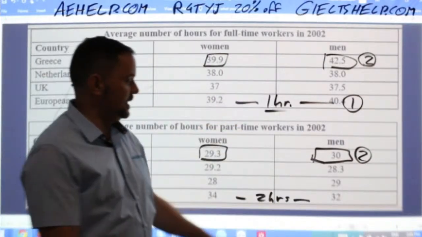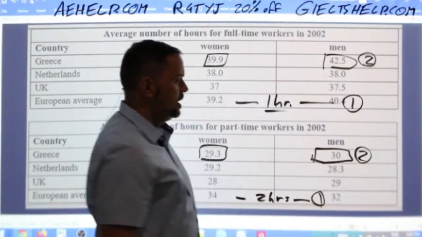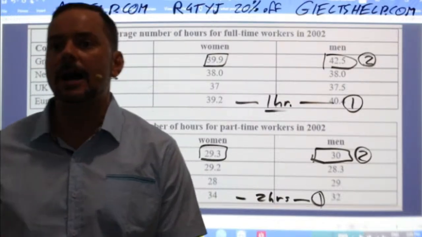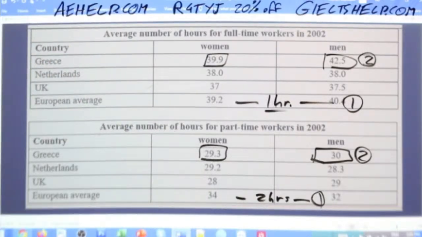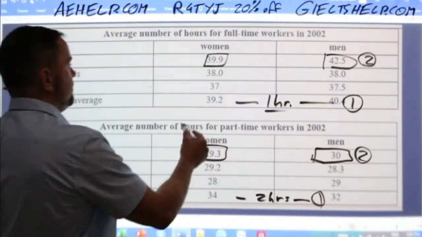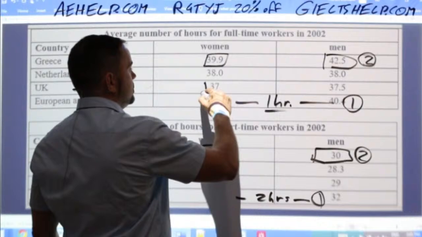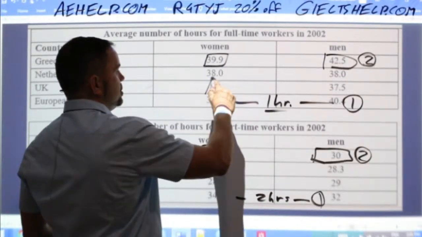So number 1 is here. Number 2 is there. What's our number 3? Number 3, it would make sense that we would compare the lowest, right? And the lowest is the UK for full-time, right? So let me use a different notation here.